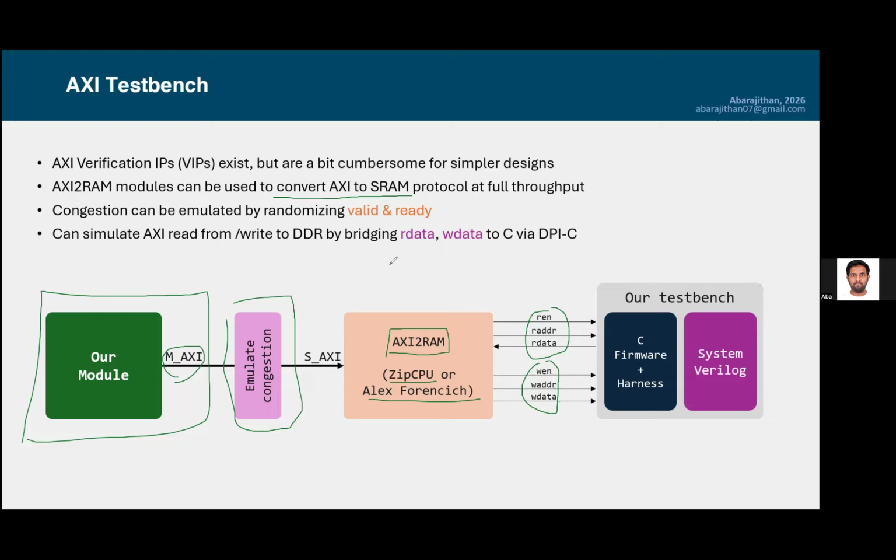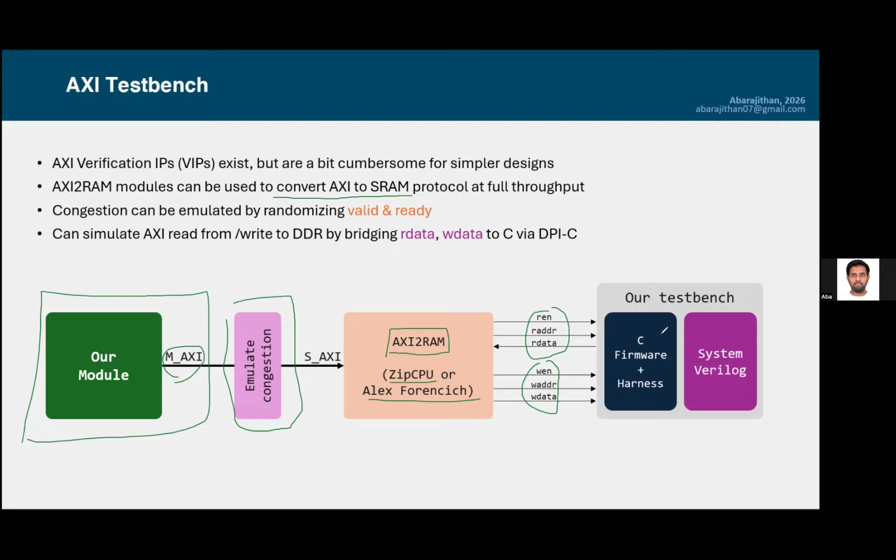The next one is how do you test your firmware, right? The firmware is your C firmware, which runs on a CPU, and the CPU controls your module. The C firmware is the software code that controls your module.